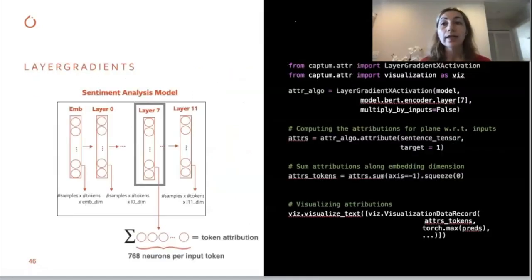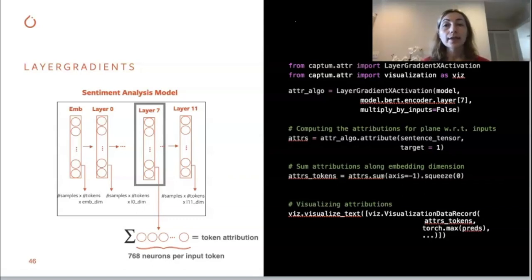So now let's compute the importance of neurons in layer number 7 using gradients of output prediction with respect to the neurons in layer 7. We can use the layer gradient times activation algorithm from the Captum library and its attribute method to attribute to all neurons in layer 7 for the predicted positive sentiment class, which is denoted by target index 1.